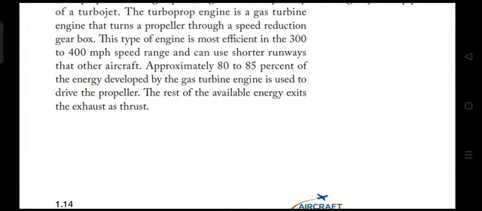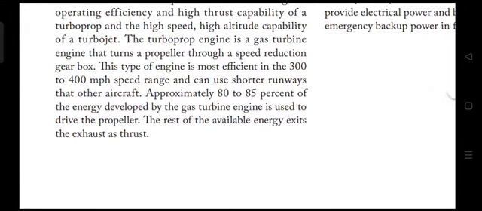Approximately 80 to 85% of the energy developed by the gas turbine engine is used to drive the propeller, and the rest of the available energy exists as thrust. So in certain engines where there is a big propeller or a big fan, just know that the energy produced through the hot gases by the turbine, that is the shaft work that we have talked about, is mainly responsible for rotating the compressor so that fresh air is again drawn inside and the engine becomes self-sufficient.